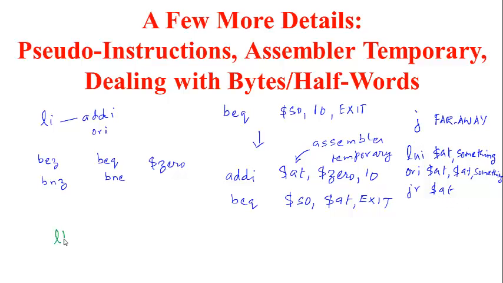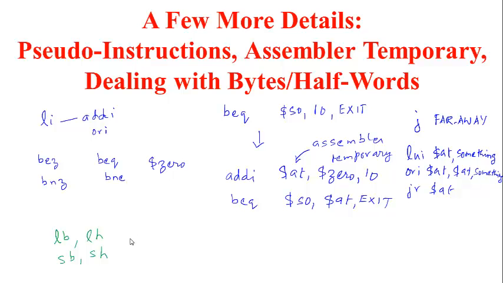Another bit of detail which I have not covered so far is dealing with bytes and half words. We have MIPS instructions load byte, load half word, similarly store byte and store half word for dealing with bytes. So these deal with units of data which are smaller than one word.